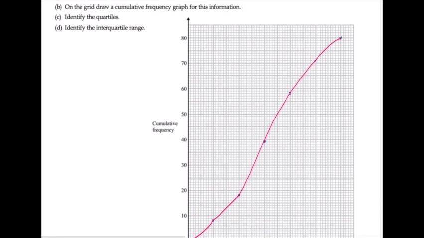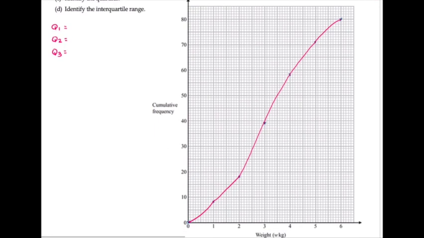We're done with B. We want to identify the quartiles. So the first thing you're going to do is you're going to look at your cumulative frequency. The highest piece of information I have is that 80, which means that up to that point, 100% of your data has been gathered, right? 80 cats have been weighed.